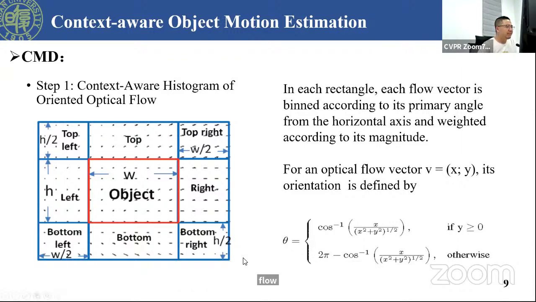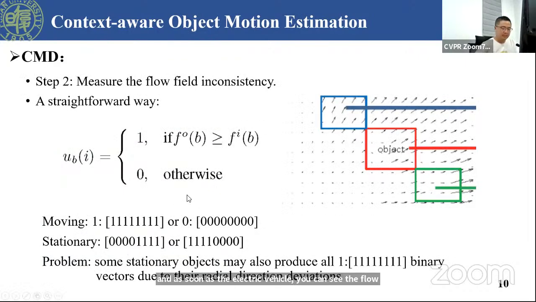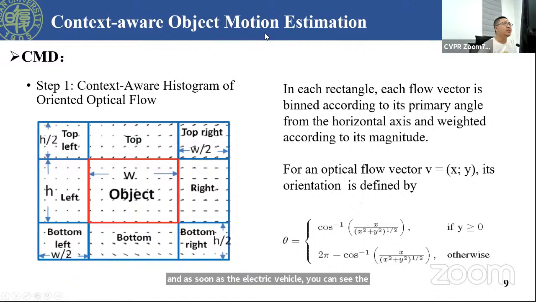In the left figure, you can see the flow is generated from the centering object and its surrounding rectangle flow fields.